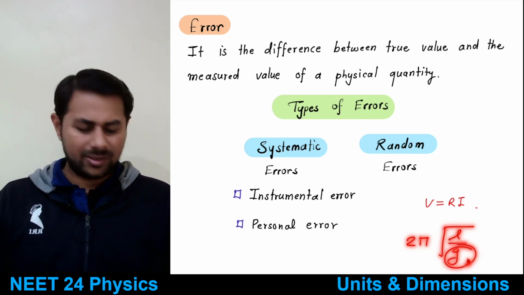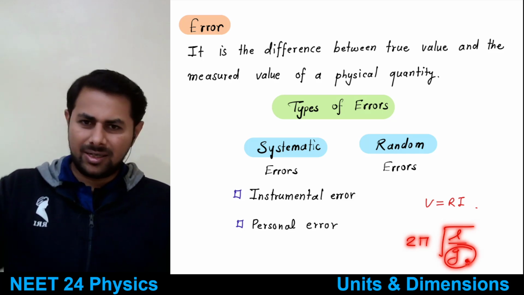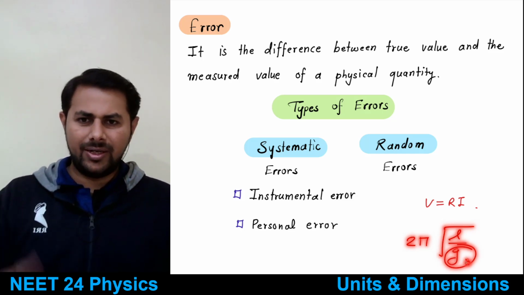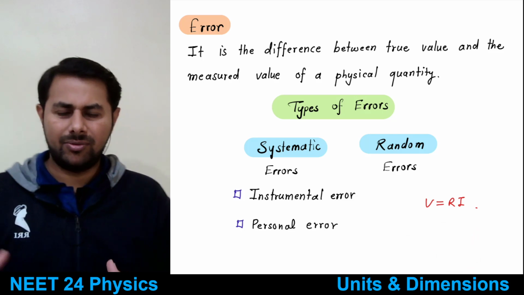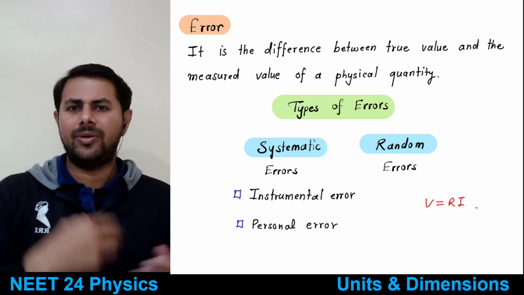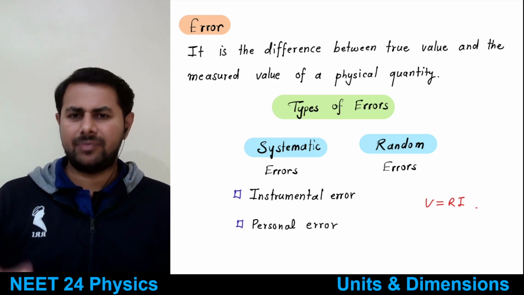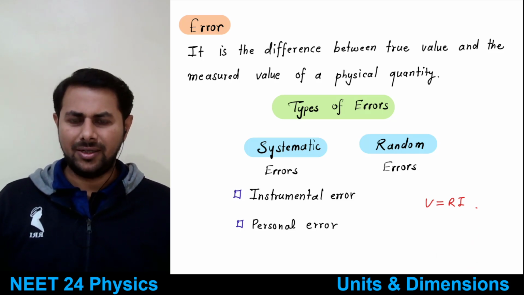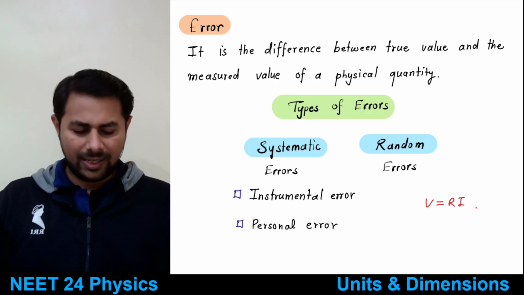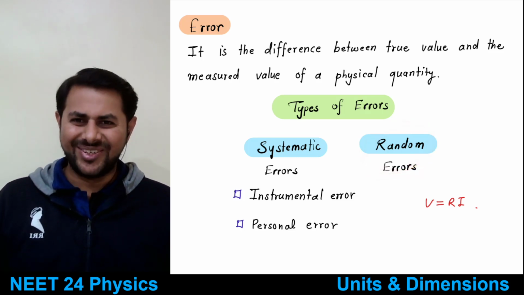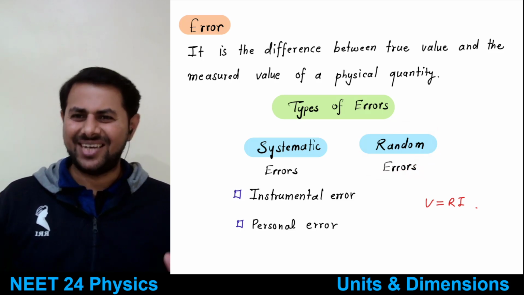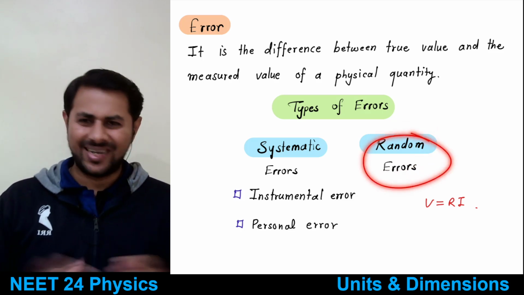You might know that there is wind, but you don't have any apparatus to measure the force exerted by wind. So there will be some small error in the measurement of time period. That is random, that is an act of God, a natural calamity, you can't do anything about that.